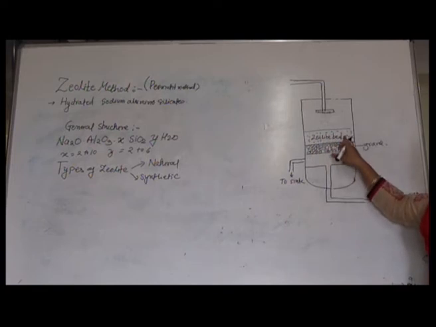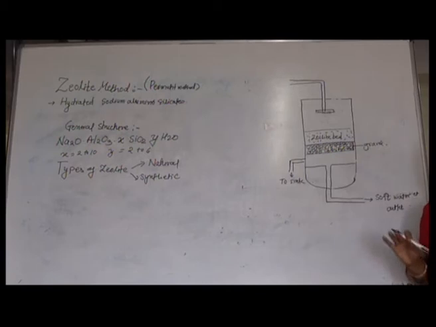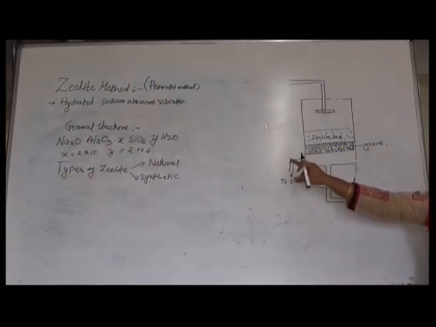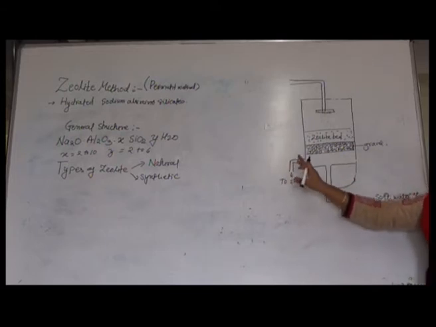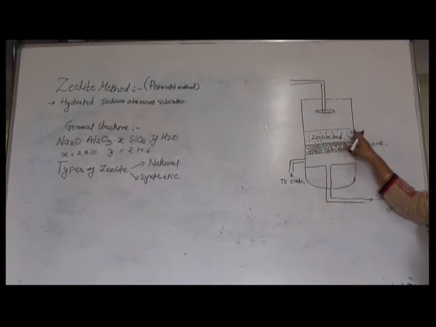And what is zeolite? Zeolite is hydrated sodium alumina silicate, and the general formula of this zeolite is Na2O, Al2O3, x SiO2 and y H2O. This zeolite is fixed here in this zeolite bed, and under this zeolite bed again there is a layer of gravels.